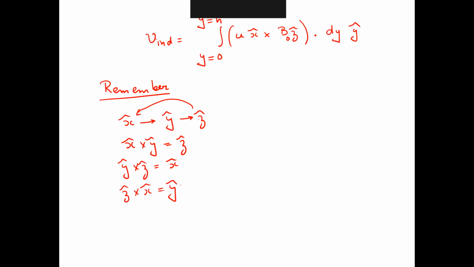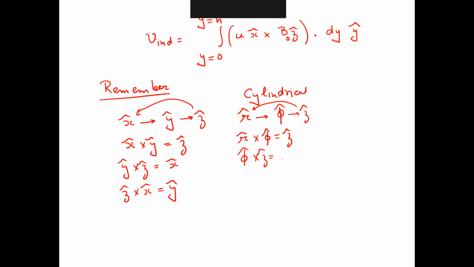Similarly, in the cylindrical coordinate system, we have the vectors r, phi, z. In that case, r cross phi would be z, phi cross z would be r, and similarly z cross r would be phi.